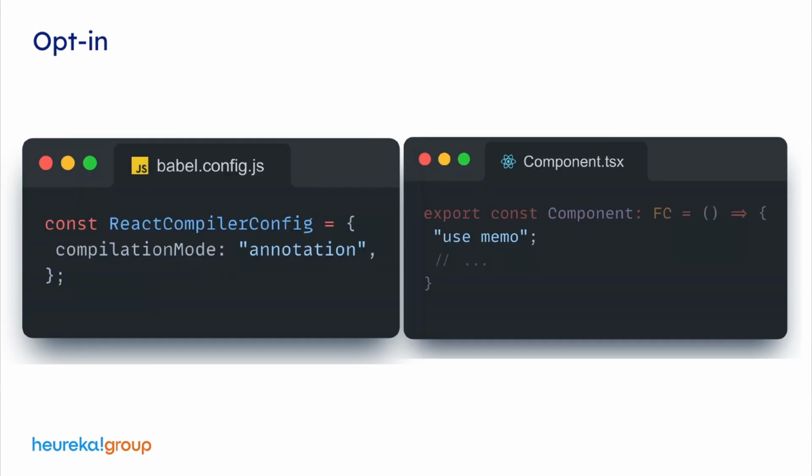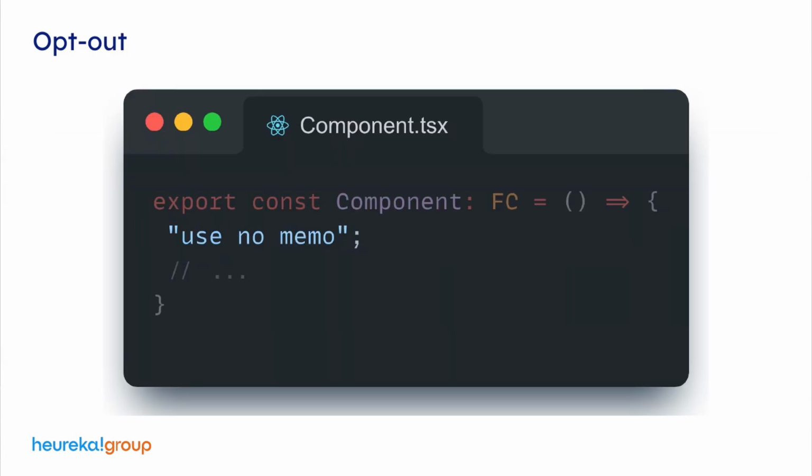Or you can turn on the compilation mode annotations, and you can mark your components with the use memo directive directly, and only these components will be compiled by the compiler. Also, you can opt out of the compiler with this directive: use no memo. Magic, okay.